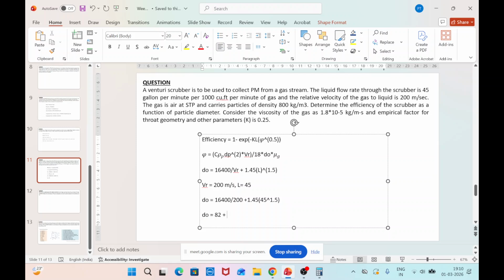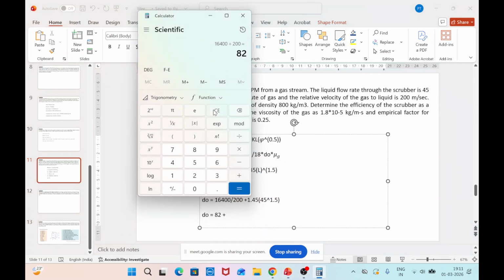Plus 1.45 times 45 to the power 1.5, which is 301.86.